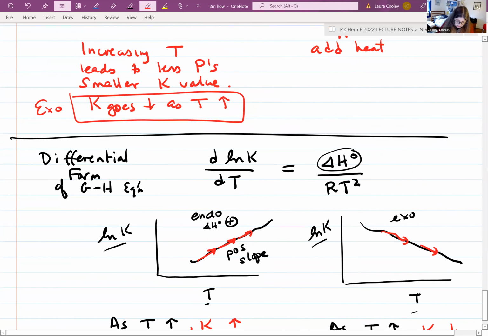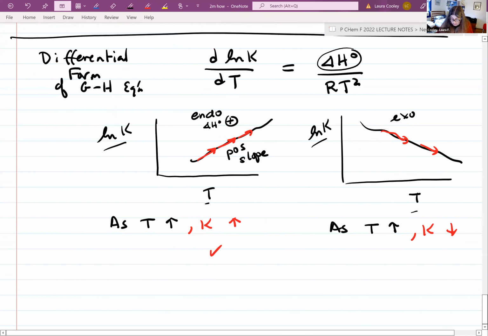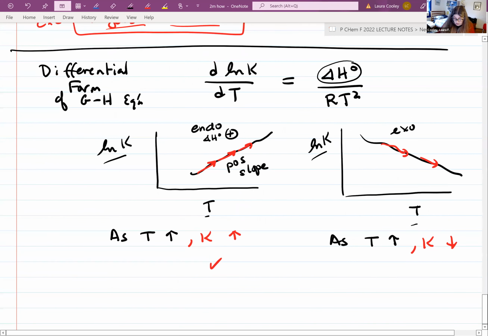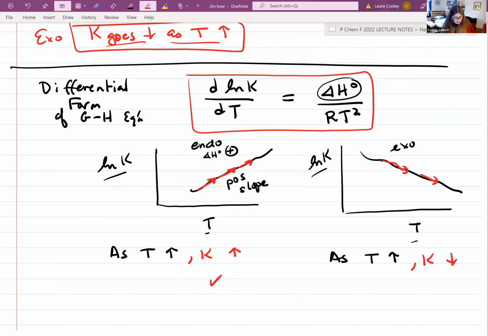As temperature goes up, K goes down for an exothermic reaction. We are favoring the reactants more at the higher temperature. So you might not know where this equation comes from, but at least now you know that it is consistent with what we know from Le Chatelier's principle.